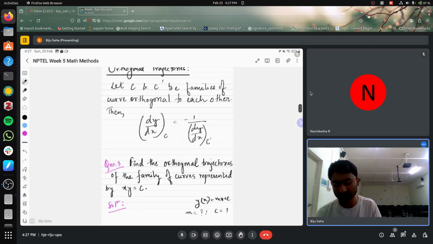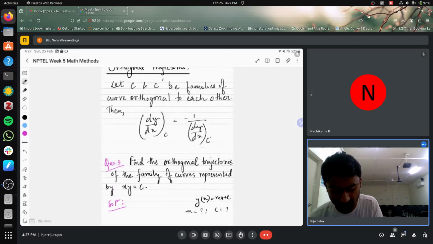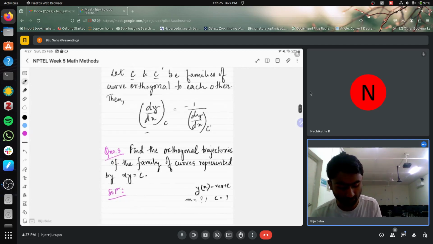Similarly, C and C dash are families of curves, but if they are supposed to be orthogonal, then they have to follow this particular relation. This is the slope of the curve C, and this is the slope of the curve C dash.